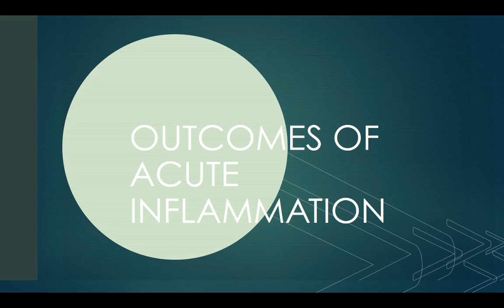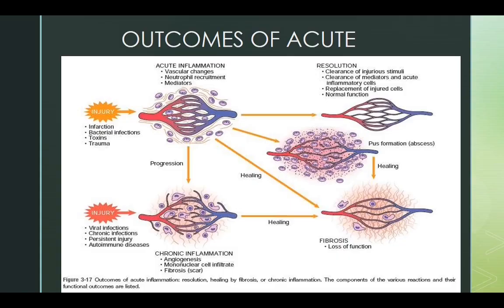So what are the outcomes of acute inflammation? What can happen after acute inflammation? There are vascular changes, neutrophil recruitment and mediators. This is the acute inflammation which occurs after infection or bacterial infection. In a perfect world, they say it can lead to resolution, completely normal tissue, which rarely happens; it generally doesn't happen so easily.